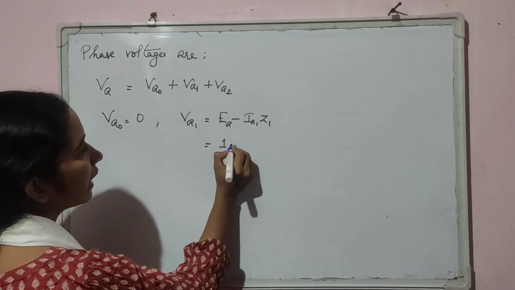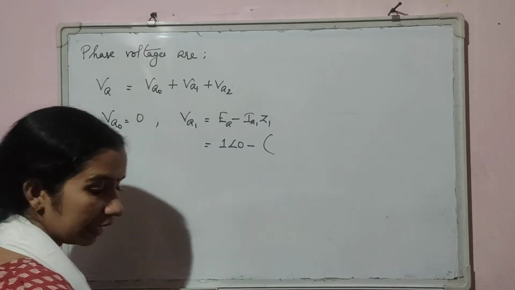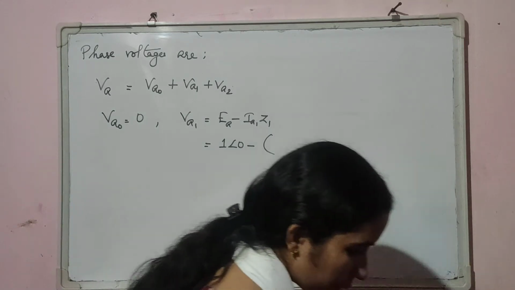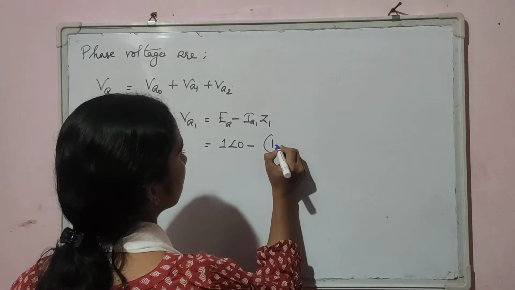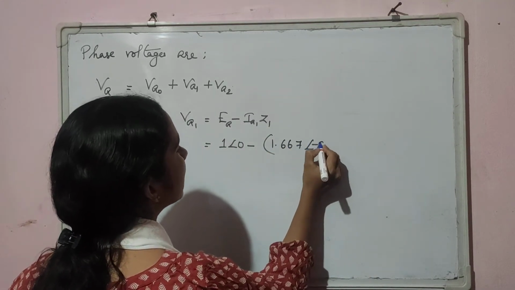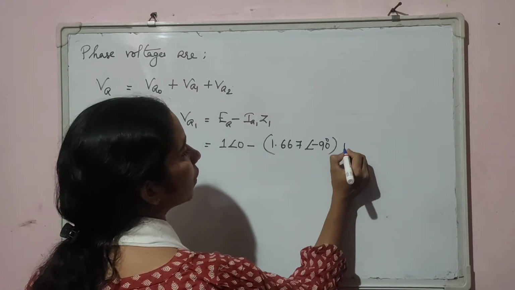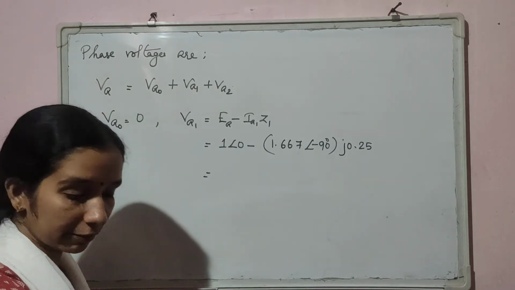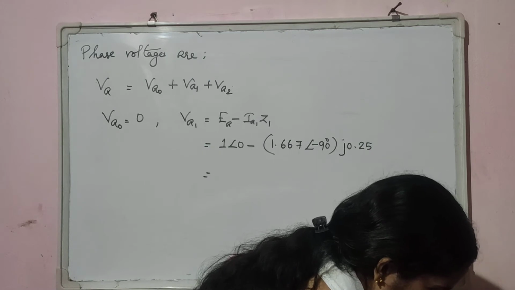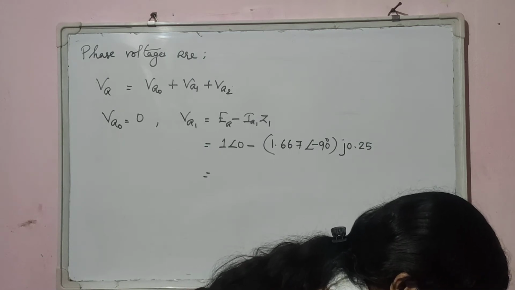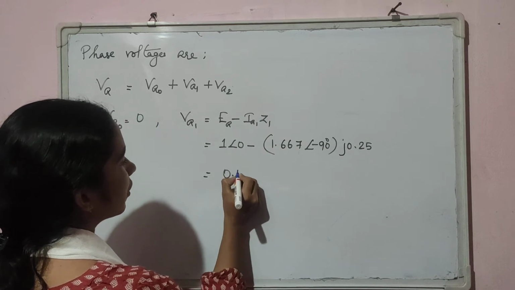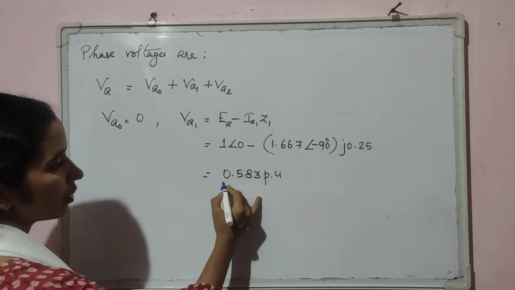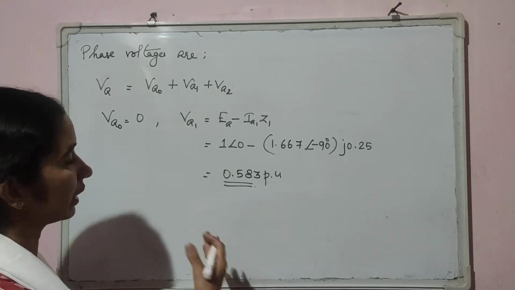Okay, EA is 1 angle 0 minus we got IA1 as 1.667 angle minus 90 degree into Z1. It was j0.25. Okay, so solve this. We will get the value of voltage VA1 as 0.583 per unit. Here I am taking the magnitudes only. So 0.583 per unit. That is VA1.